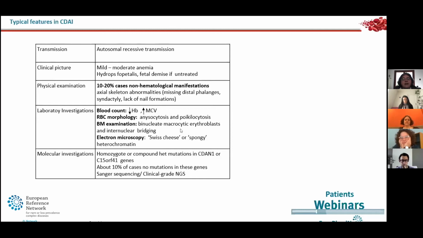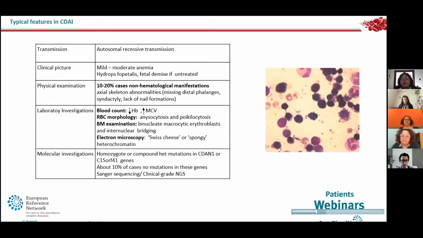And then we look at the blood count: anemia with increased red cell volume. And if we look at the bone marrow examination, you can see by the arrow some abnormal immature cells that are not divided very well. In this case, we found this internuclear bridge that is typically found in CDA I.